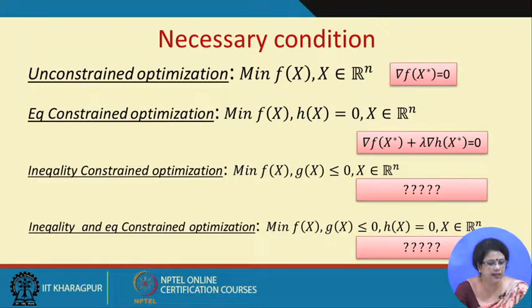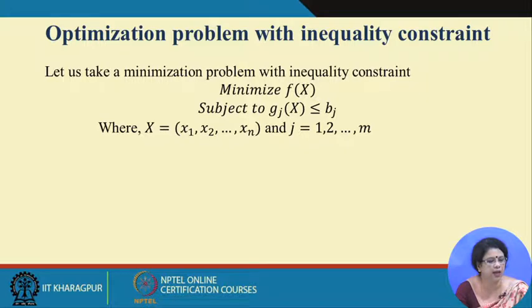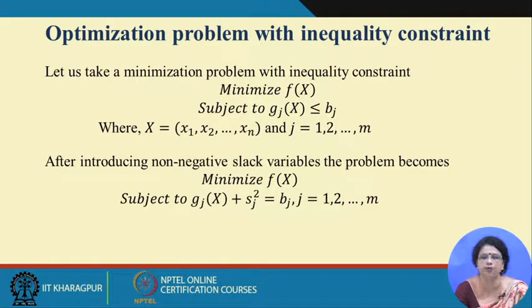Now, in continuation to my previous class, where I dealt with the equality constraint optimization problem, we are here to find out what will happen when we have m inequality constraints. As you have done in linear programming, whenever you have an inequality constraint, you introduce either a slack variable or a surplus variable, depending on whether the inequality sign is less than or equal to or greater than or equal to.